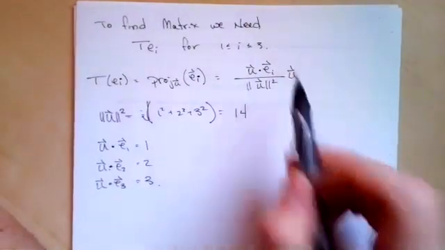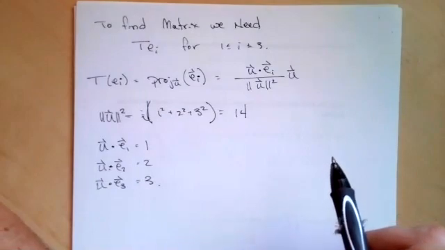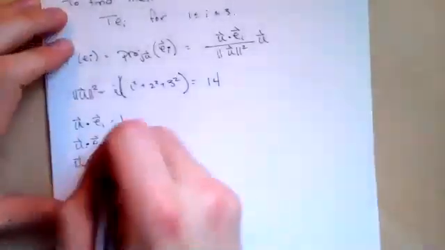And then we just have that U that we want to multiply by. So let's go ahead and write it out now.